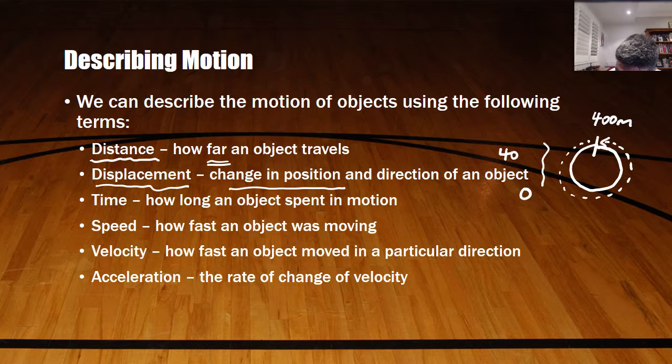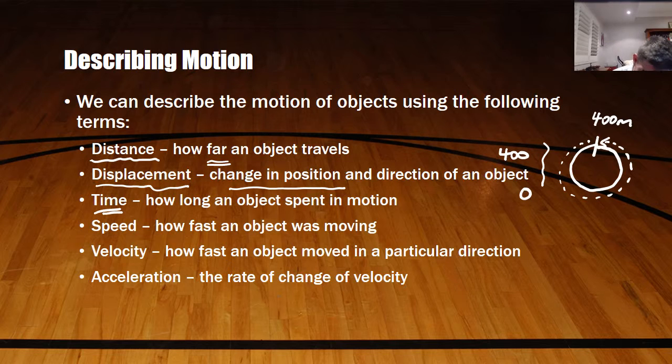And this is because displacement is a measurement from a starting point to an end point in a particular direction. So if you run around a circular track, you'll end up at the same place that you started, and hence your displacement is 0. You haven't gone anywhere from your original position, even though you've covered a distance of 400 meters.